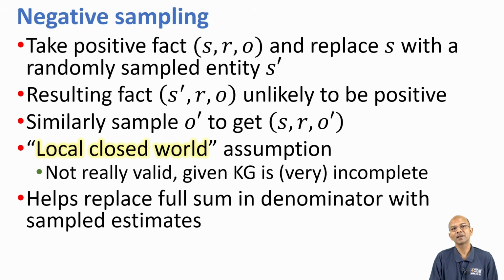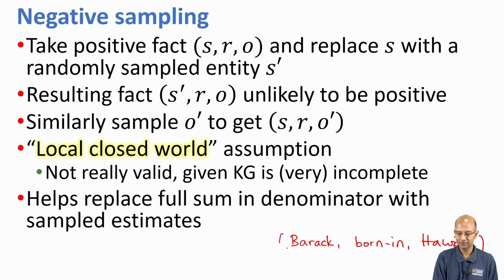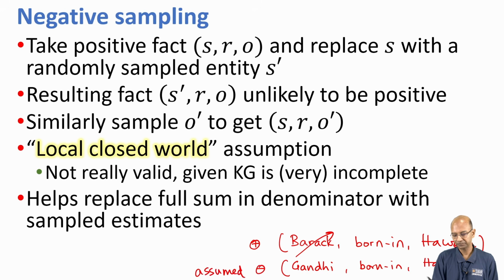So in our running example, we say Barack Obama born in Hawaii, and this is my positive triple. Now I cancel out Barack and replace it by random samples like Gandhi. So this is assumed to be negative.